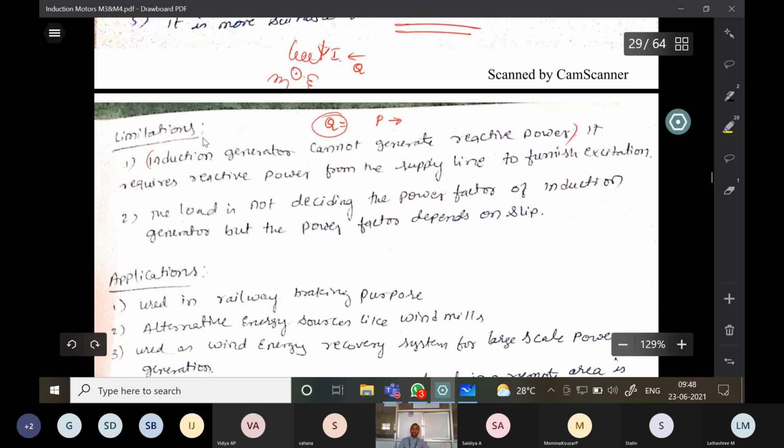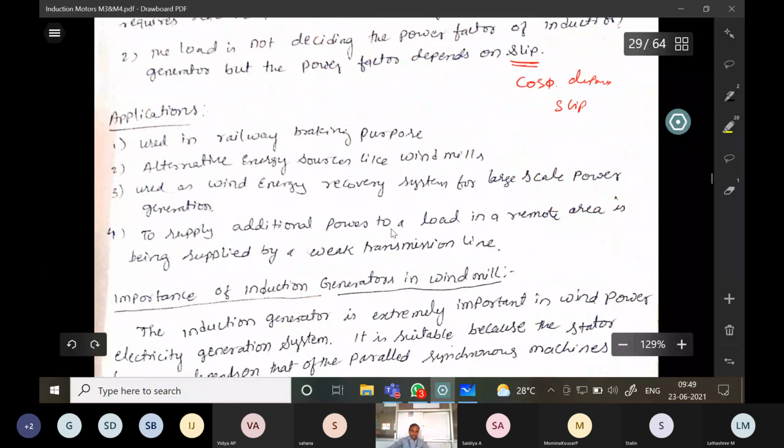That is the only limitation, and it is taken from the external supply or some other generator or some capacitor bank. The load is not deciding the power factor of the induction generator, but the power factor, cos phi, depends upon the slip of the generator.